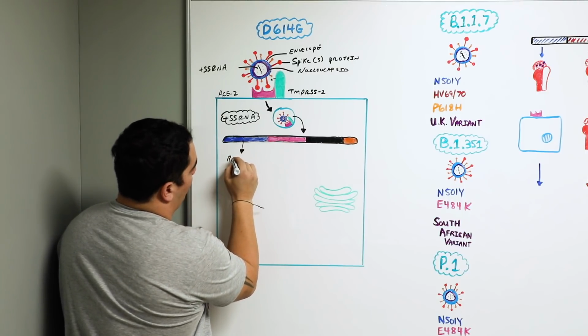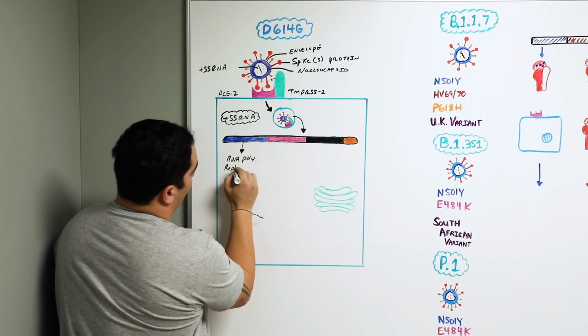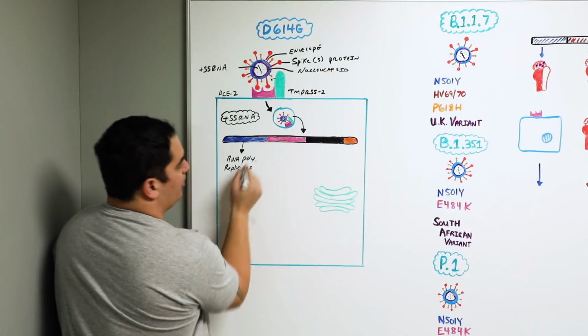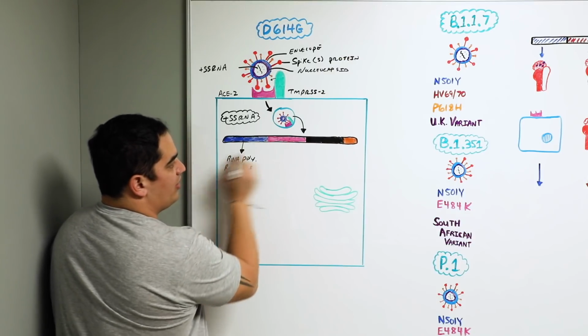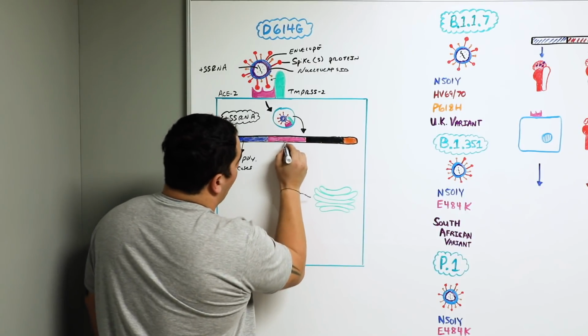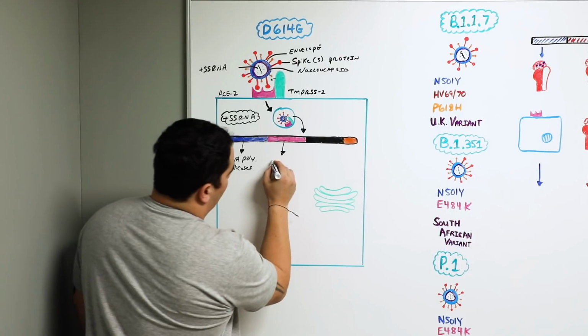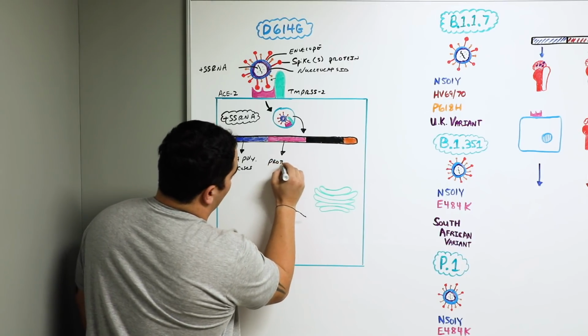You have RNA polymerases and you have replicases. These may be proteins that are coming from this particular gene, from a particular open reading frame. Then from another reading frame, this may give rise to other types of molecules called proteases.